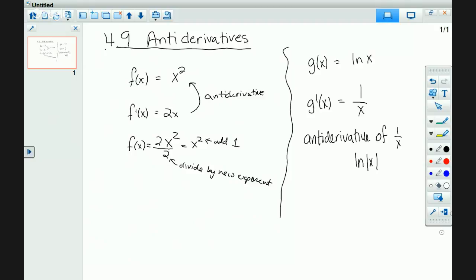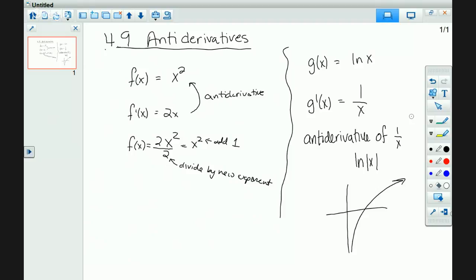Is natural log defined at negative numbers? If you look at a graph of the natural log, no negatives. But 1 over x is defined for negatives, right? So we're okay going this direction, but going backwards, this has negatives, so we have to exclude them or take care of them.